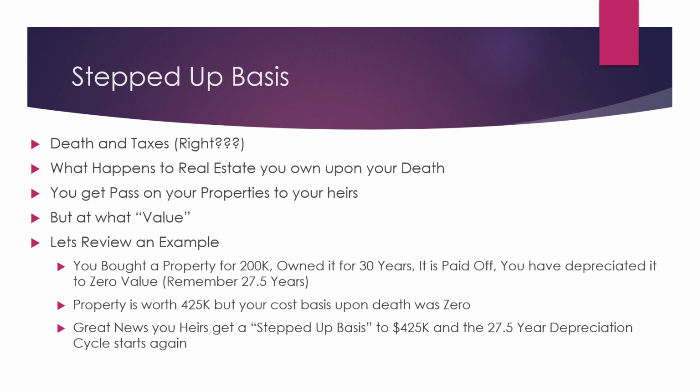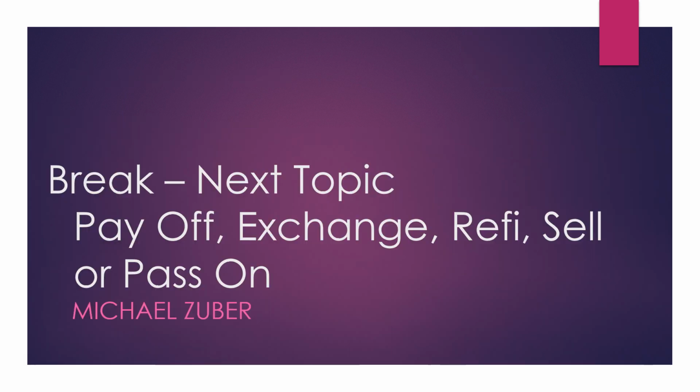Hopefully that came through. Use depreciation to hide positive cash flow, and then know that when you pass on, you'll be able to move those assets to your heirs. So in the end, the final chapter is just all the ways to exit. We'll talk about paying off your real estate, exchanging again, refi, sell, or just pass on. If you pass on, again, the stepped up basis.